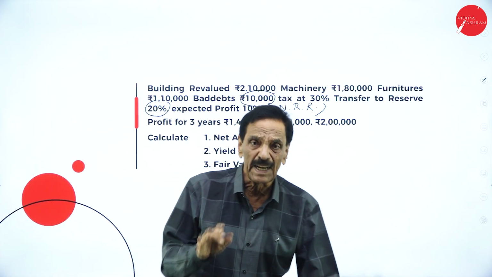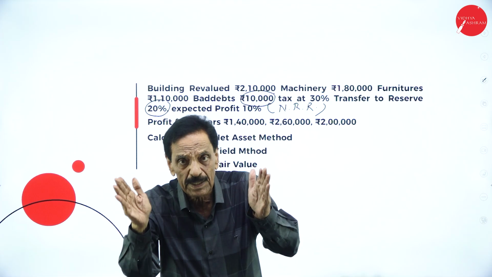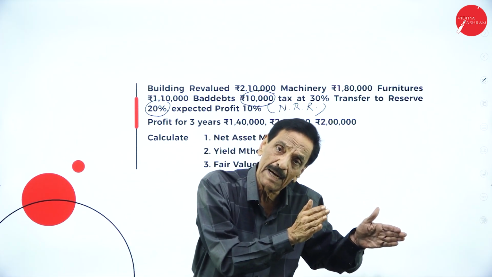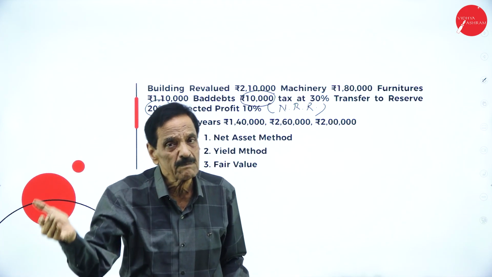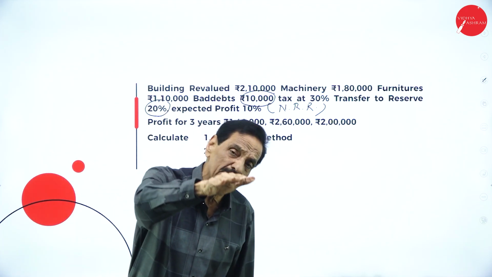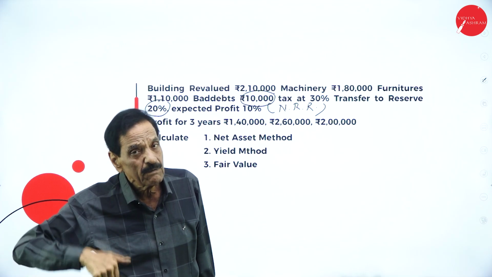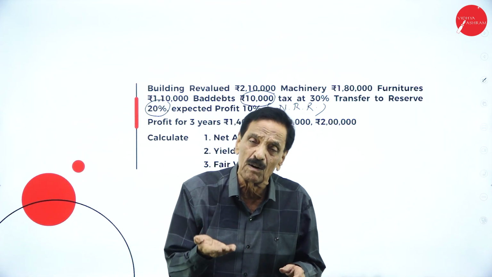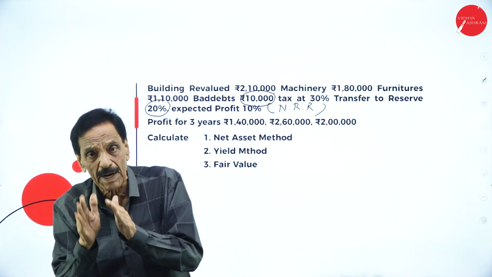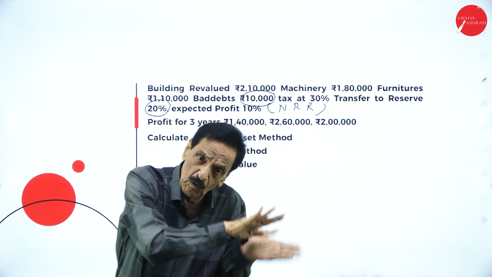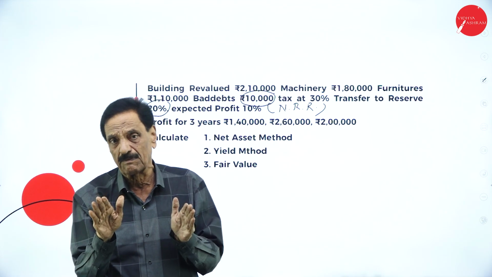Under net asset method, total assets minus total liability. The total asset may be at book value or market value. Whatever the value given in the balance sheet is called book value. Whatever the value given in the adjustment is called market value. If the market value is given, it may be more or less, you have to take the market value.